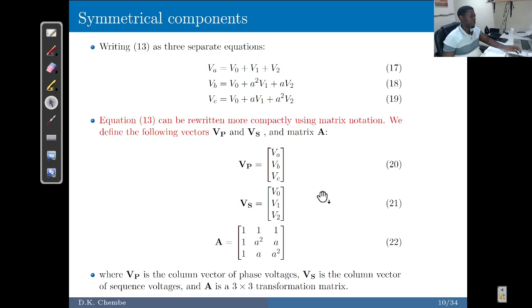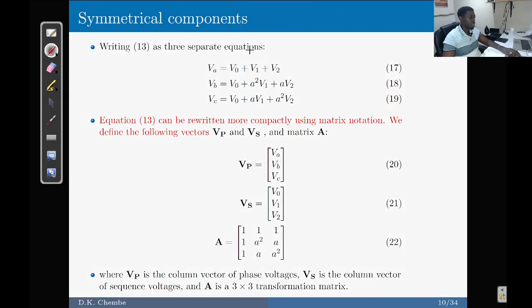If you now come to writing these equations in terms of the phase voltage values, our phase voltage VA is going to be the sum of all the symmetrical components, that is the zero sequence, positive sequence, and negative sequence voltage.